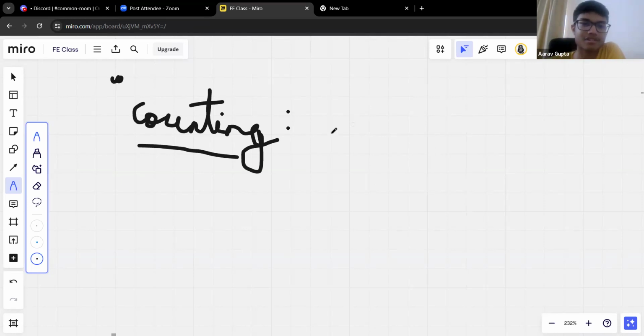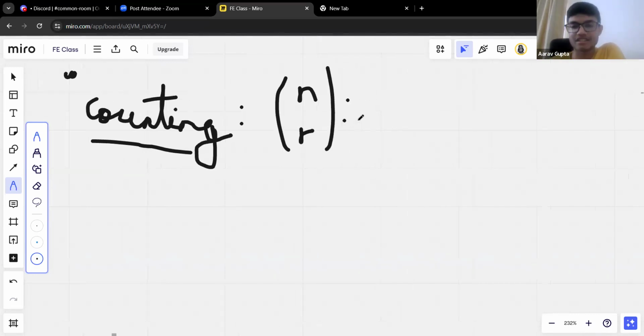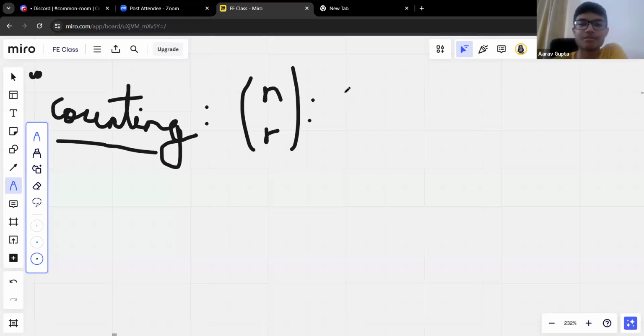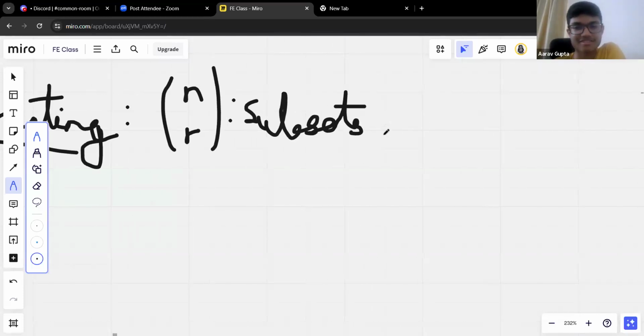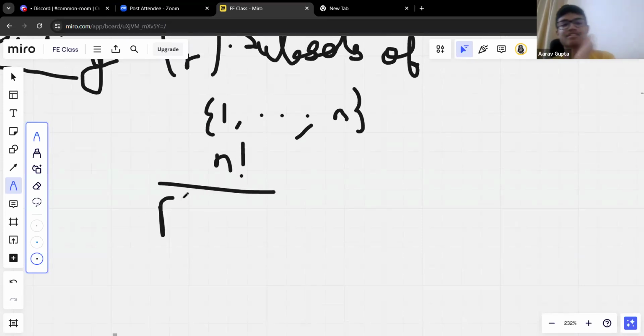For example, you have this notation n choose R. Basically, what this is defined as is the number of subsets of 1 till n that have size R. So this is defined as n factorial upon R factorial into n minus R factorial.